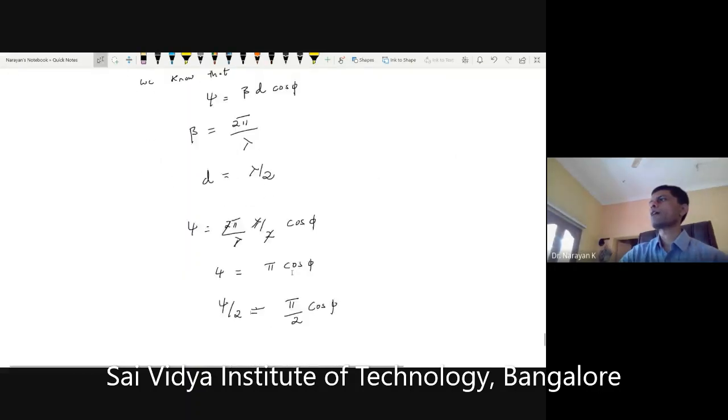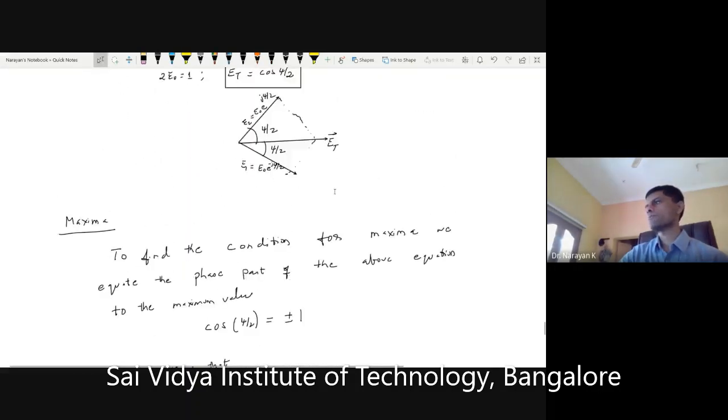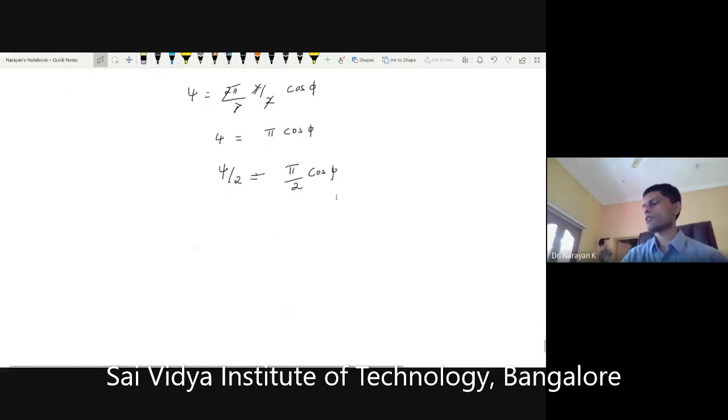So now what I have to substitute in this cos psi by 2 equation. Cos of psi by 2 is nothing but cos of pi by 2 cos phi is equal to plus minus 1.